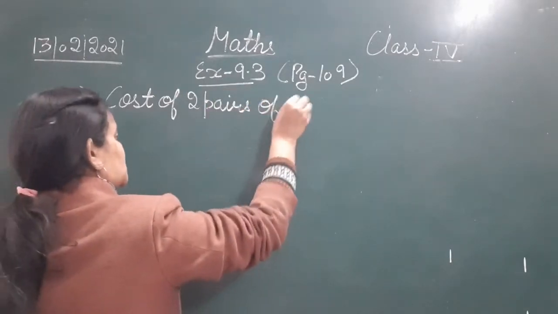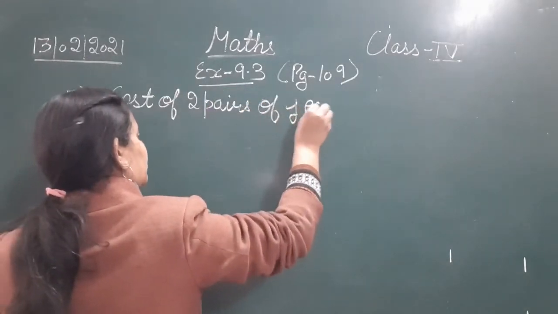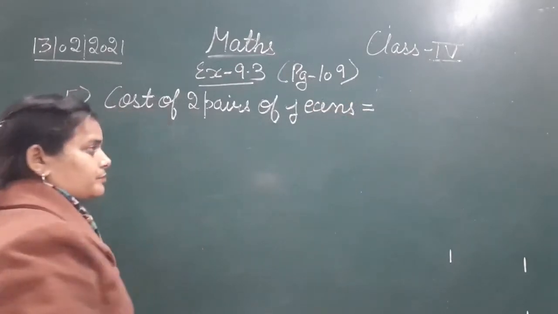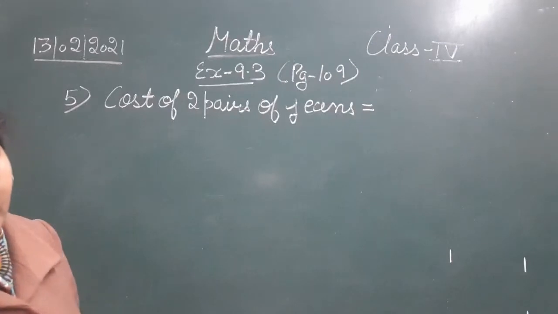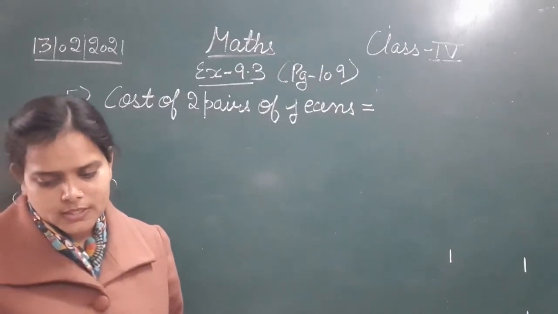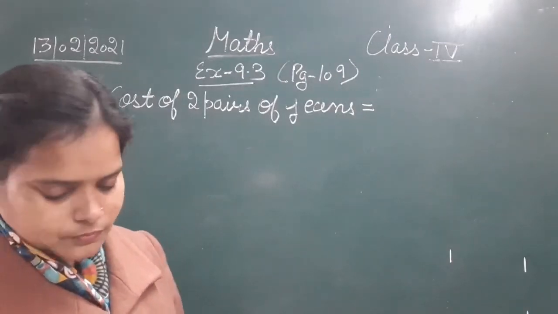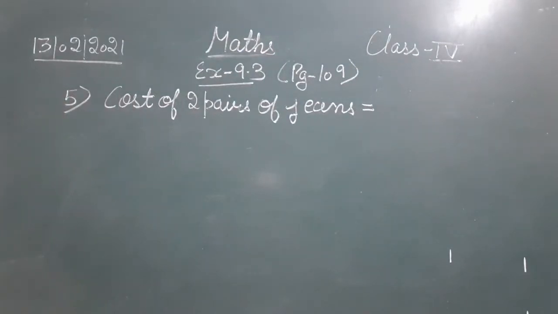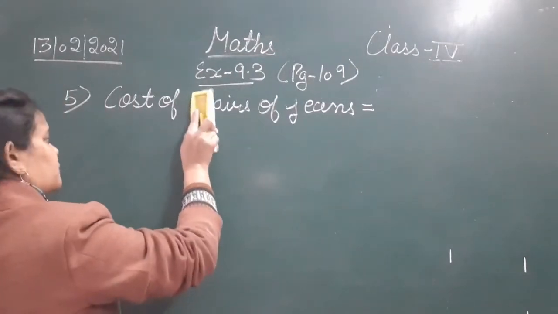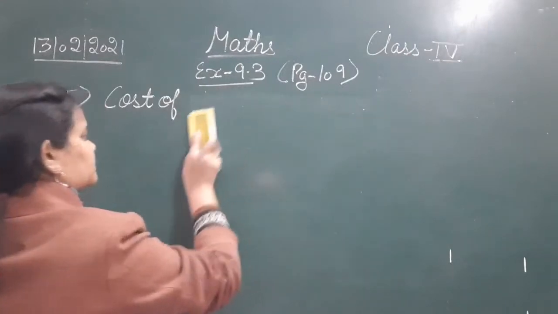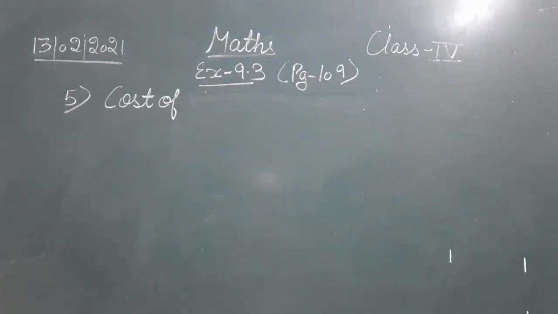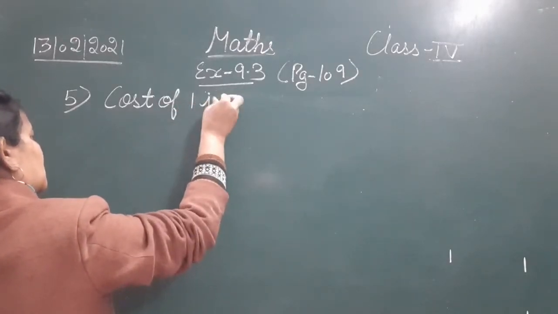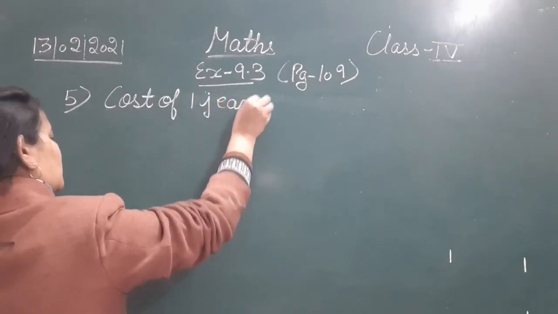of jeans. So we will find the cost of 2 pairs of jeans by multiplying the cost of 1 pair with 2. ओके, चलिए हम ऐसे करके स्टेप बाय स्टेप ही करेंगे बेटा. सो देखिए कॉस्ट ऑफ 1 जीन्स, cost of one jeans, otherwise आप सारे समझ में ही फॉलो करोगे.